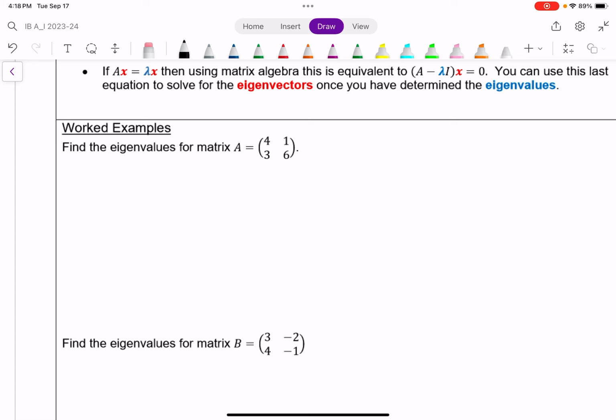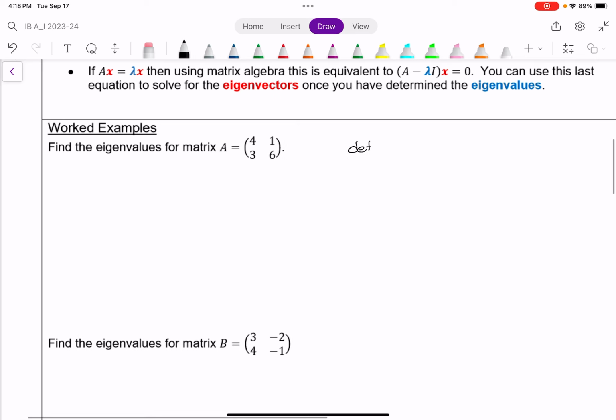And we need to think about where the determinant of A minus an eigenvalue times an identity matrix equals 0. So what does that mean? Keep in mind, we get different possibilities here. They may both be real numbers, they may be complex numbers, they may be the same number.